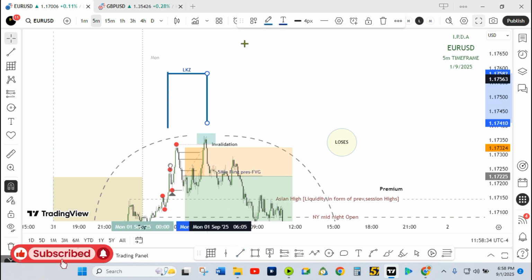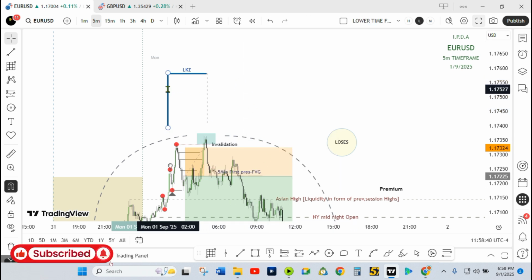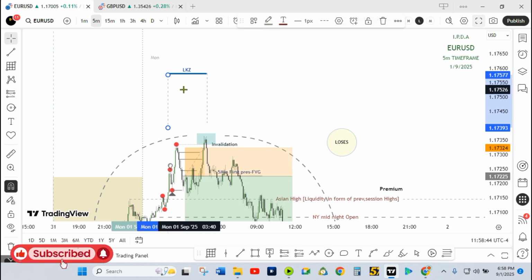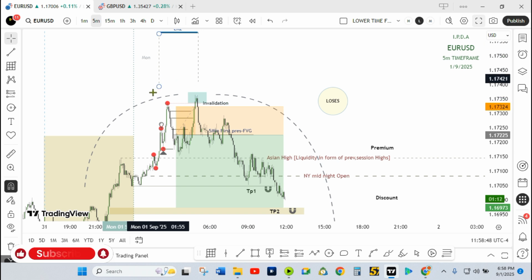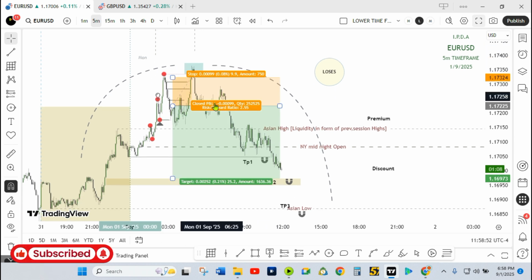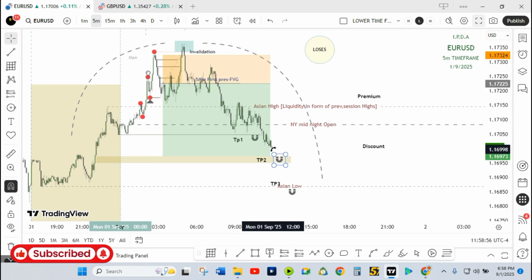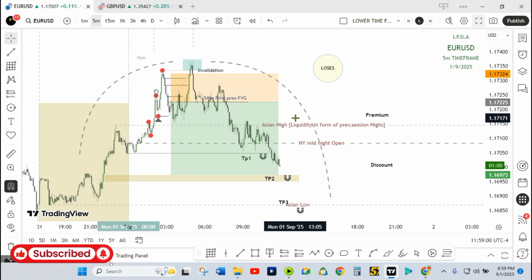Don't let anyone lie to you like, oh bro, you can trade anytime. No, you cannot trade anytime. You need to trade inside this kill zone from 2 to 5. Your entry should be in here, but we were not lucky enough today. Price smoked us and now it's going down toward our take profit, which is okay. We have to learn it, we have to accept it, and we have to keep pushing.